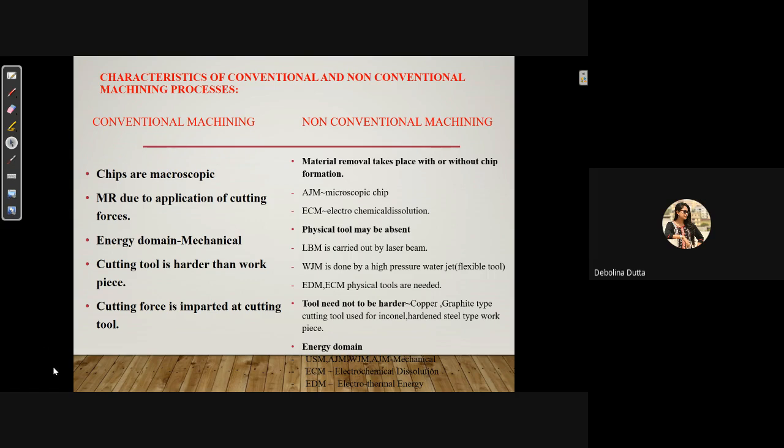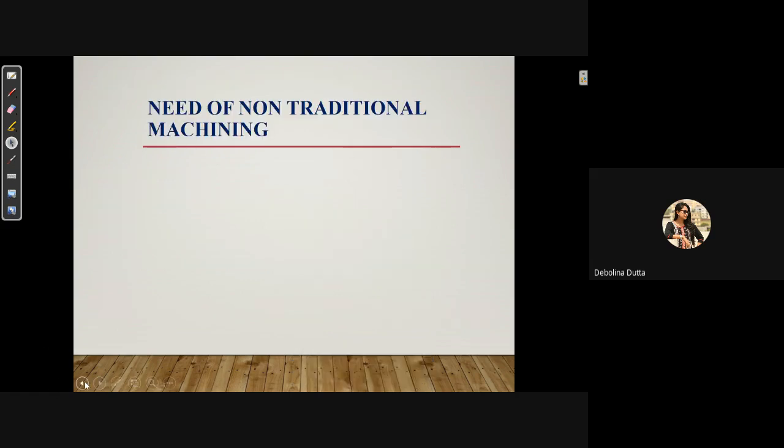Before I jump into the first non-conventional machining process, we need to know the need for non-traditional machining processes. So: exotic materials, innovative design requirements, tighter tolerance, micro machining, economy. These are the requirements of the new age.